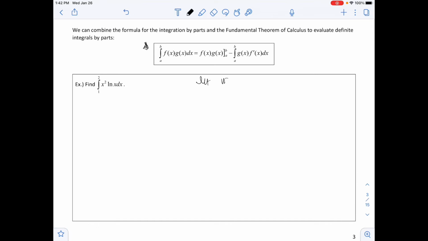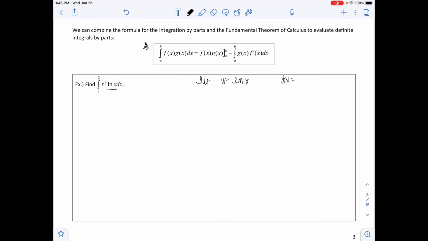So I'm going to let u equal something and dv equal something else. So for this problem, in order to set this up, I realized that ln of x would have to be set equal to u. And we did a problem earlier in this section where we had to integrate ln of x dx.